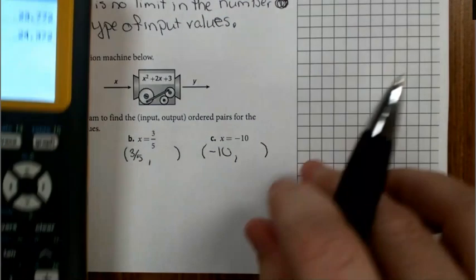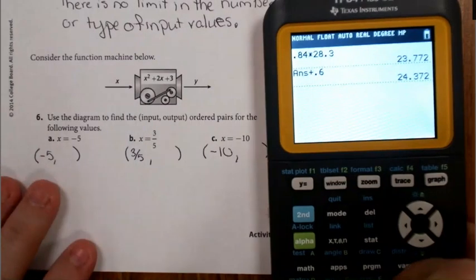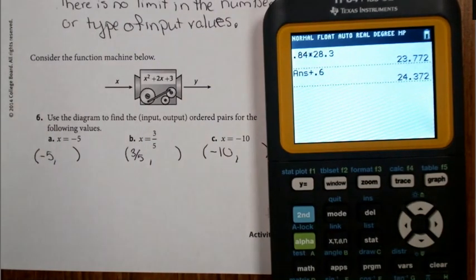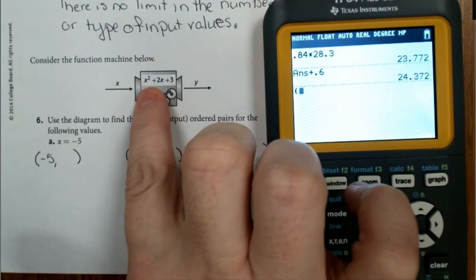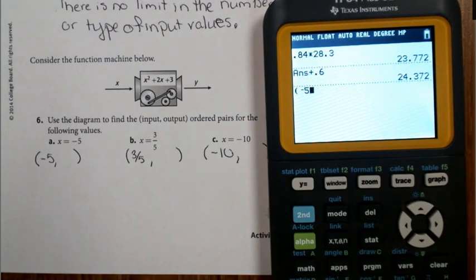All right. So I'm going to put my screen so you can see it. I'm going to start with negative 5. And because I want the negative to be squared, I'm going to put both of them in parentheses. And I'm going to square that. And then we add 2 times negative 5. And then we add 3.